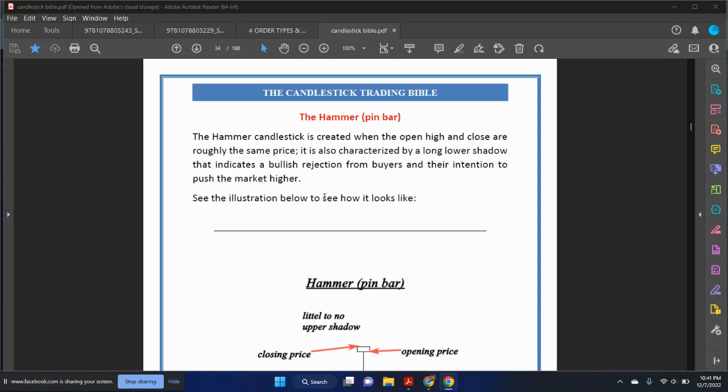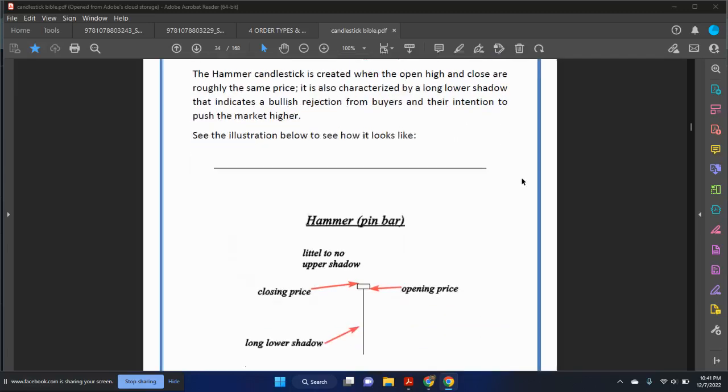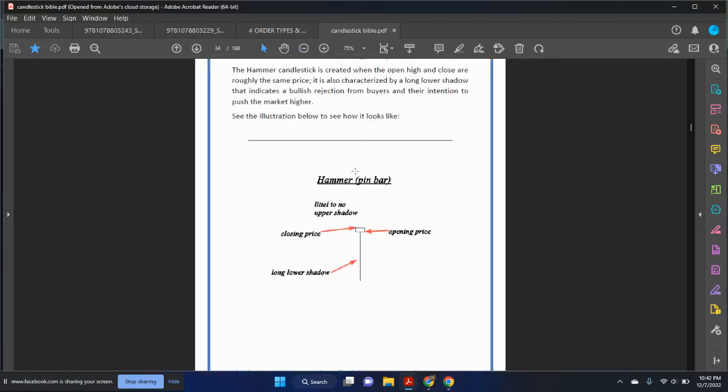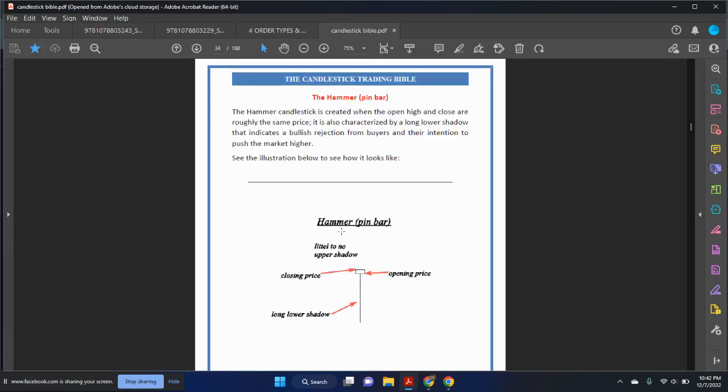Whatever. All right. So it's created when the open, high, and close are roughly the same price. It is also characterized by a long lower shadow that indicates a bullish rejection from buyers and their intention to push the market higher. See the illustration below. And here's the illustration that we have here. The hammer pin, also called a pin bar, has little to no upper shadow right here.